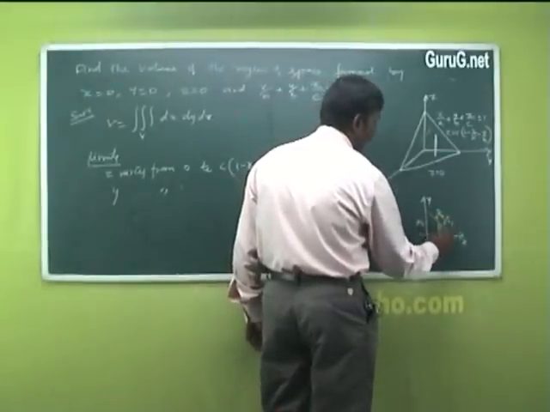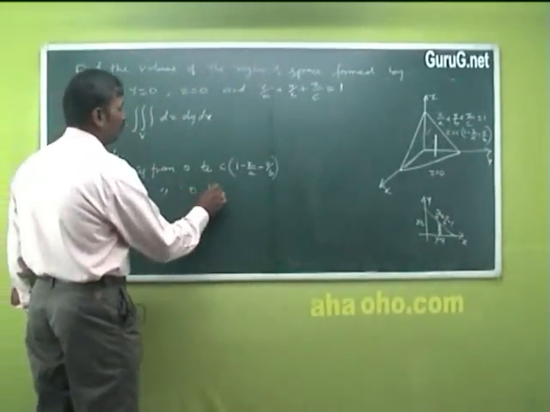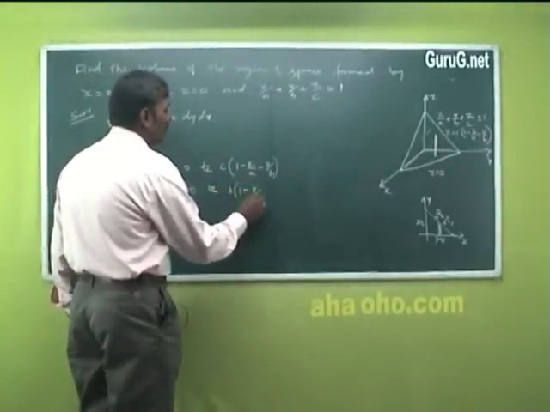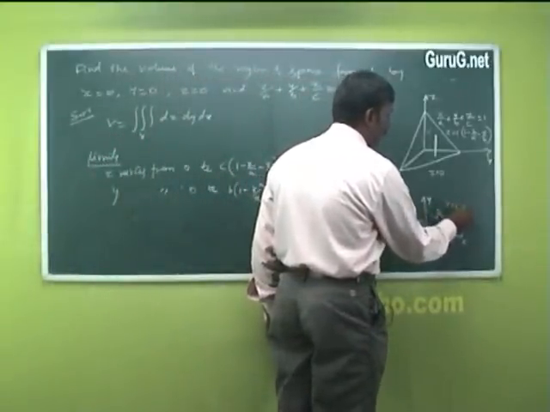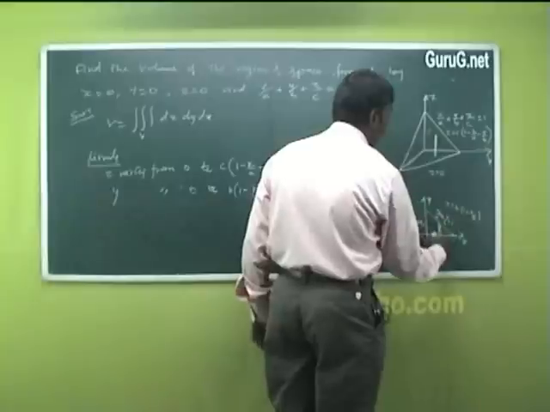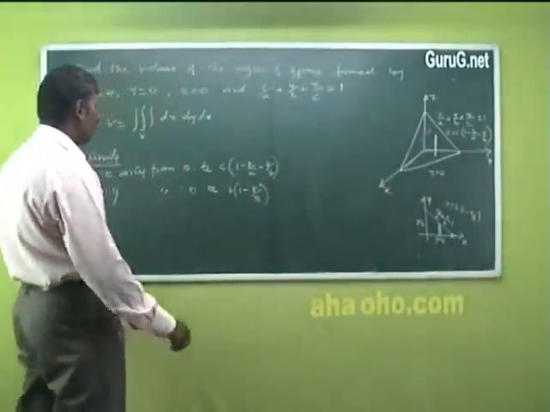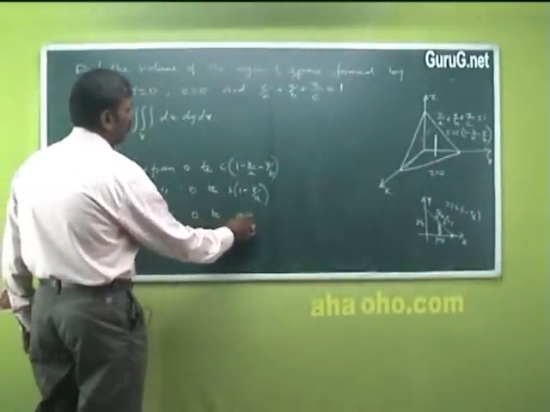So we take a vertical strip. So y varies from 0 to b into 1 minus x by a. So from this you find out y: y equal to b into 1 minus x by a. Then x varies from 0 to a, right?